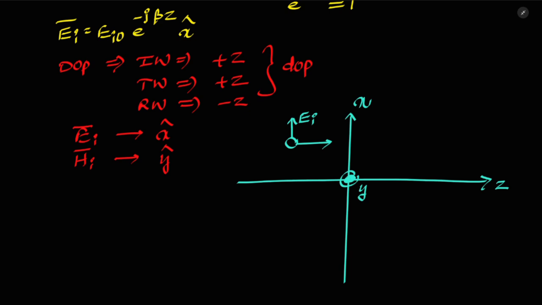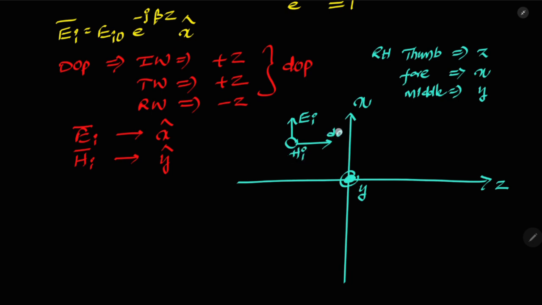These three must be mutually perpendicular. Take your right hand thumb in the z direction, the forefinger in the x direction, then automatically your middle finger will be coming out of the screen, indicating y. That is H i, the incident magnetic field.